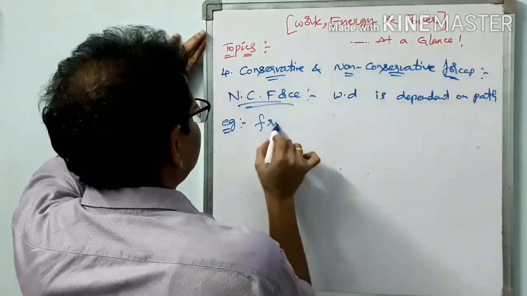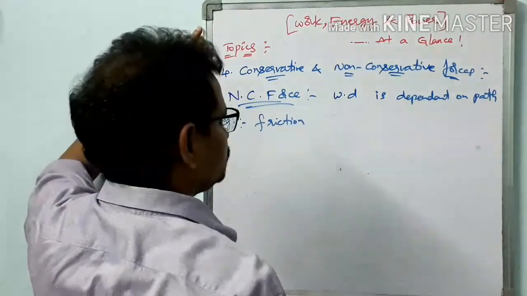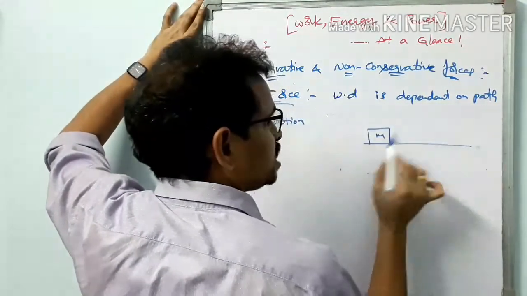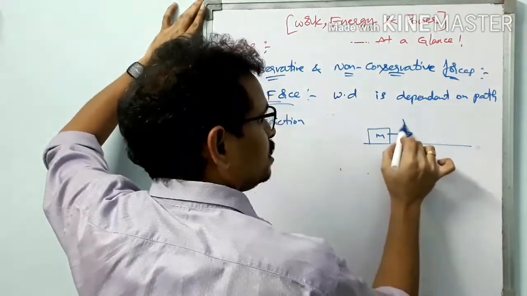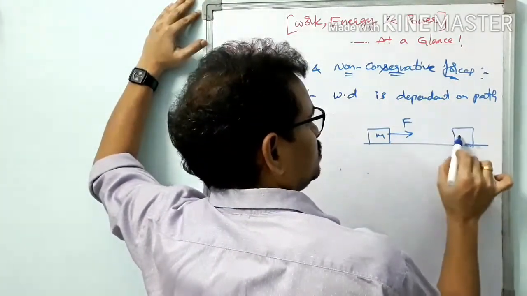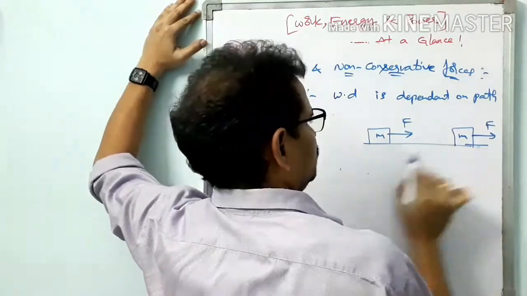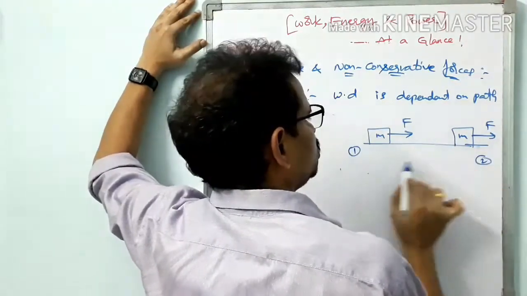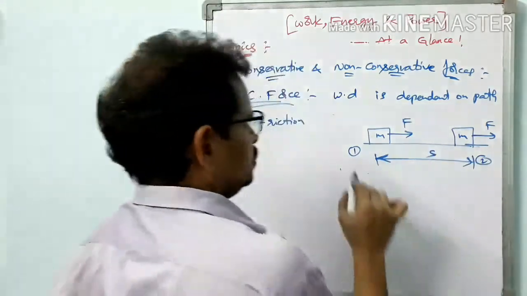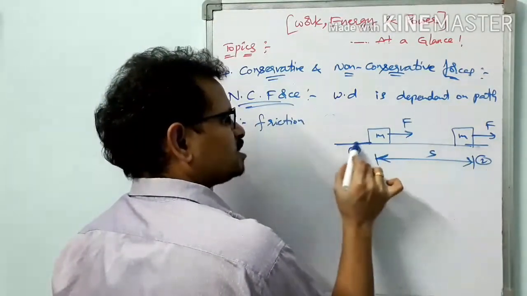Example, let us consider frictional force. Let us consider a block of mass m with an external force F acting in this direction and taking this one. So this is position 1, this is position 2, and this is the displacement here. In what direction is friction acting?